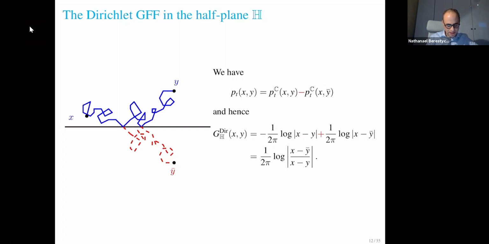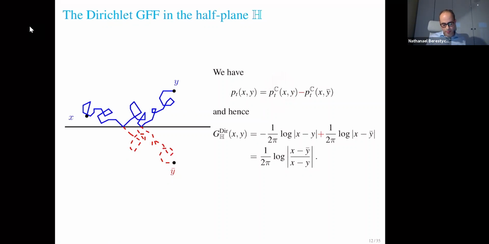And what is the transition probability from x to y for Brownian motion in the upper half plane killed when it touches the boundary? There is this thing called the reflection principle, which I guess we learn when we learn about Brownian motion. What does it say here? It says that in order to go from x to y without touching the boundary, I can sum over all trajectories that go from x to y in the entire plane.